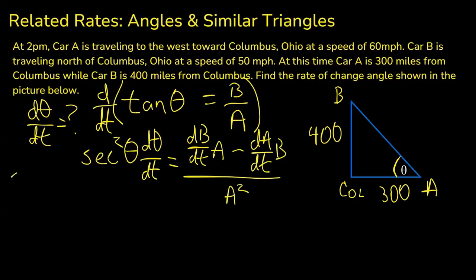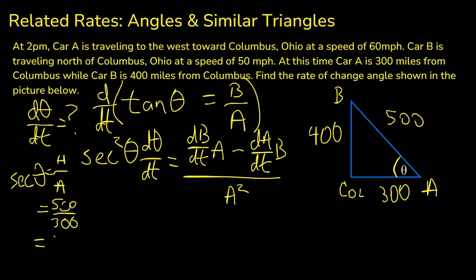Now, secant theta is hypotenuse over adjacent. In this case, the hypotenuse is going to be 500. We solved for it in a previous problem, but also this is a 3, 4, 5 triangle. So we would have 500 over 300, which simplifies to 5/3.